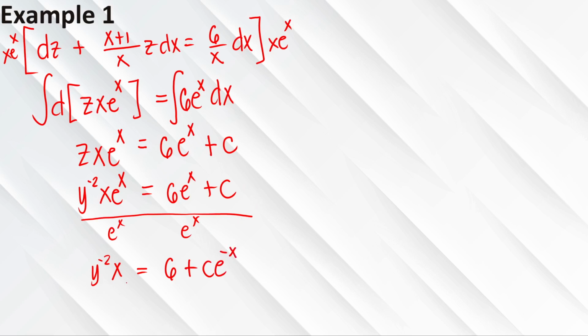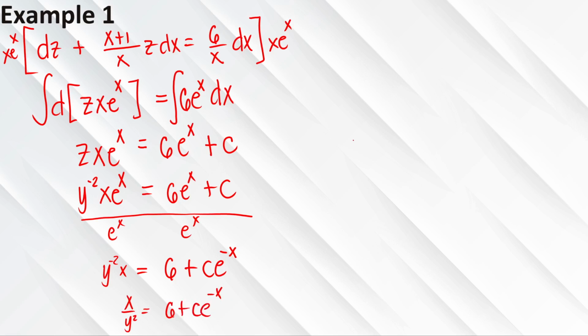And then, i-separate na lang natin siguro yung y raised to negative 2 and x. Yung y raised to negative 2, pwede natin siyang i-rewrite as x. Sige, ilagay natin sa baba. x all over y raised to positive 2 na pag binaba natin. And then equals 6 plus c e raised to negative x.